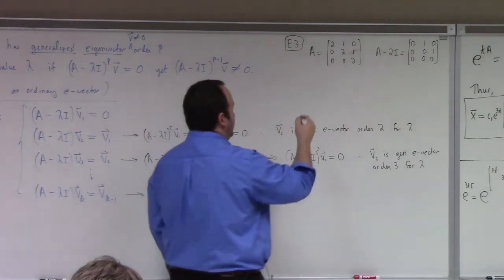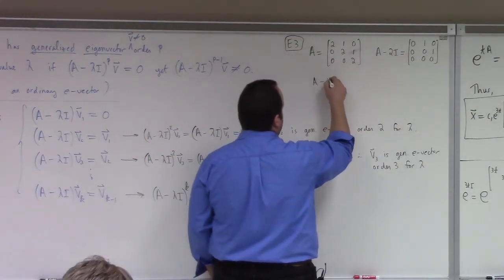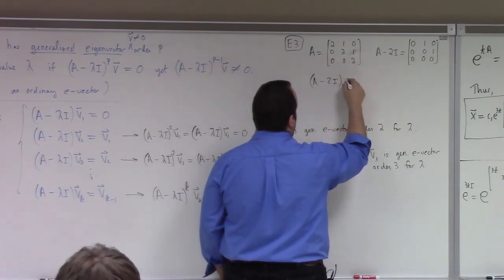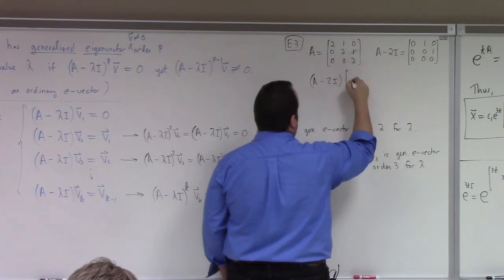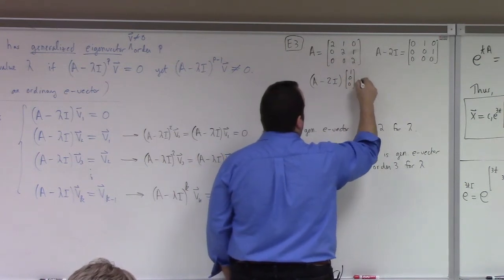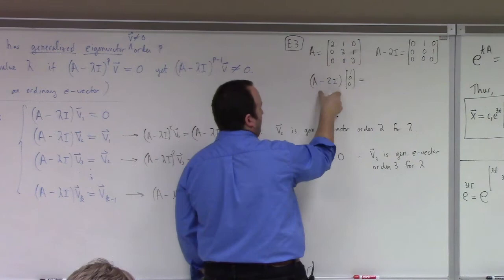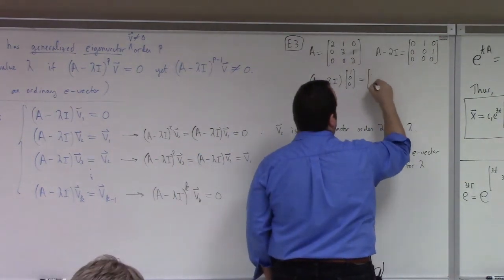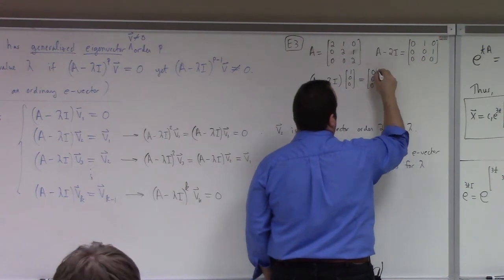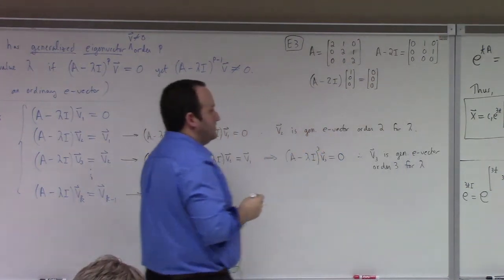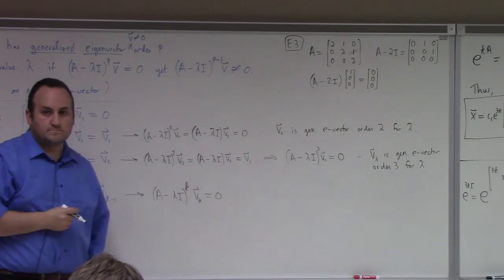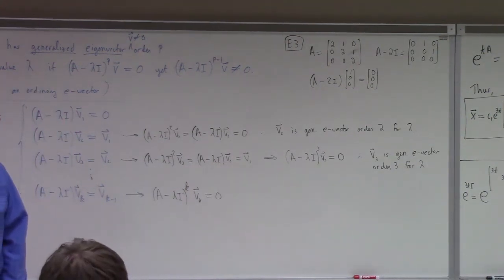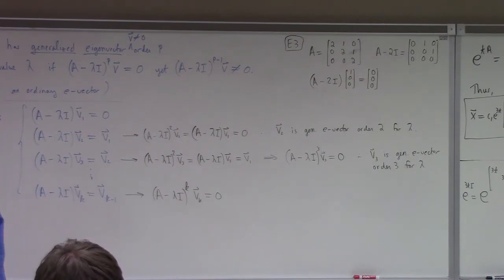What's A minus 2I times E1? I'll write out E1. E1 is what? 1, 0, 0. What happens when I multiply this times that? What do I get? So E1, or 1, 0, 0, is what? It's an eigenvector with eigenvalue 2 for this matrix.